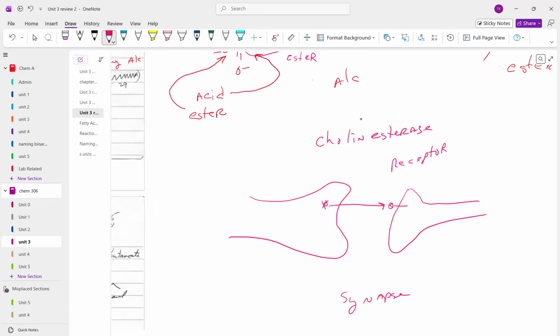If cholinesterase is inhibited, the neuron stops working. So early pesticides during the 50s and 60s were cholinesterase inhibitors. That's the way they work. So the insects' nerves shut down, and then they die.